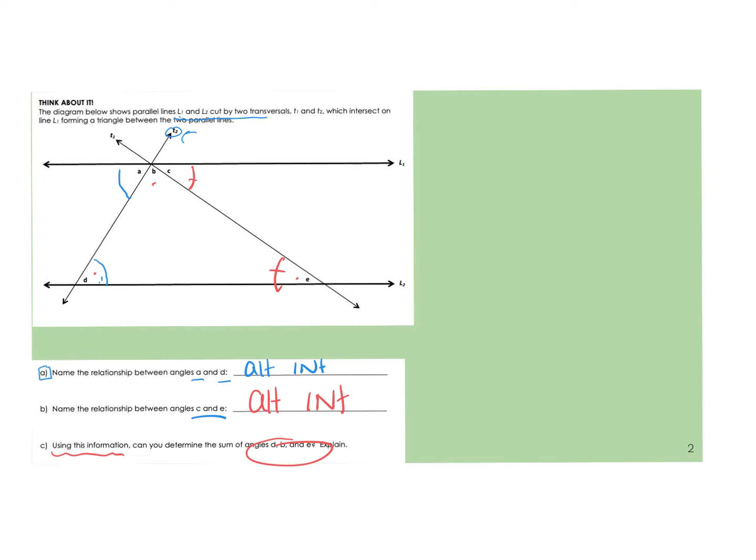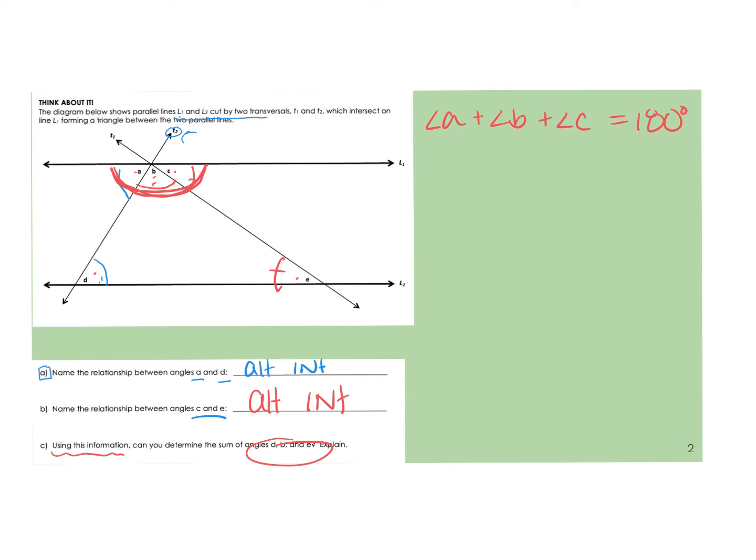So I want you to follow along with me. If you look at angle A, B, and C, together all three of them form a straight line, okay? So that means angle A plus angle B plus angle C, together they equal 180 because they're creating that straight line.